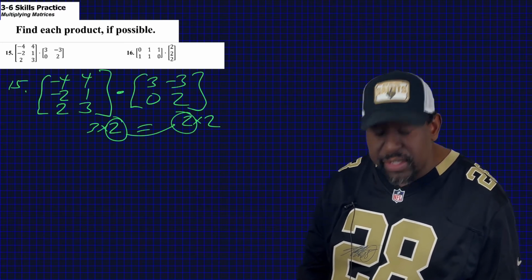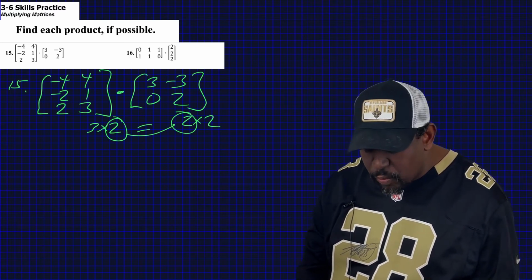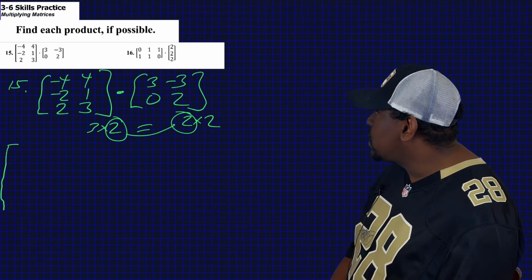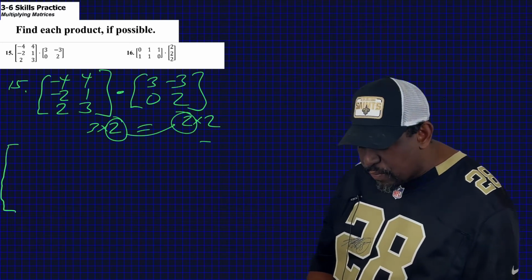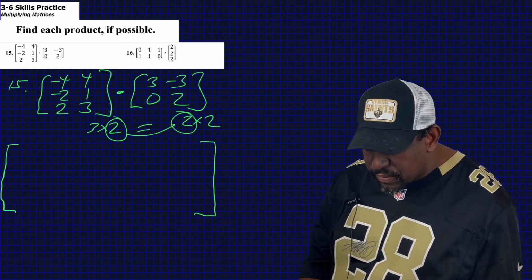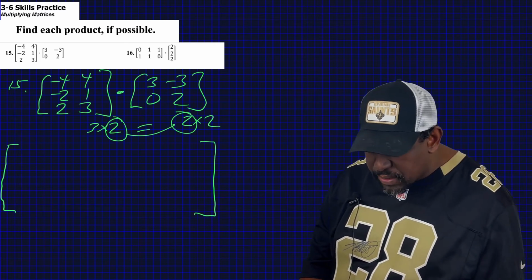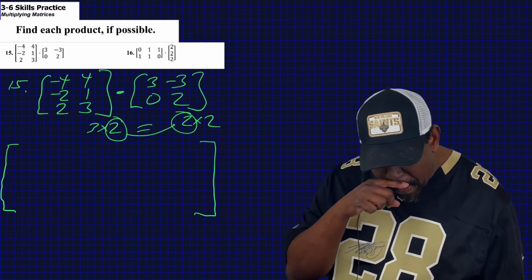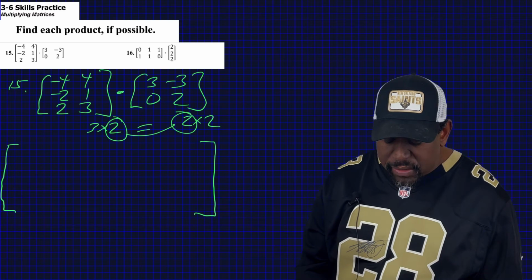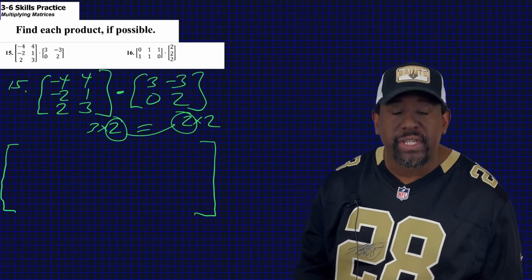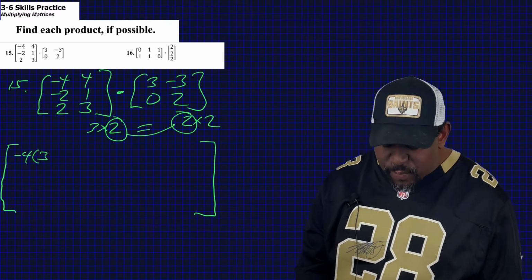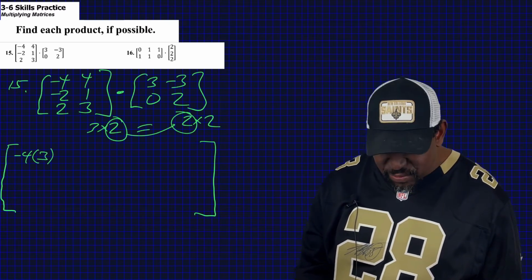So let's get busy. The way it works is we take the first term in the first row, first column, and multiply by the first term in the first column of the second matrix. So in our first row, first column, we should have a product of -4 times 3 plus 4 times 0, exactly, just what you thought.